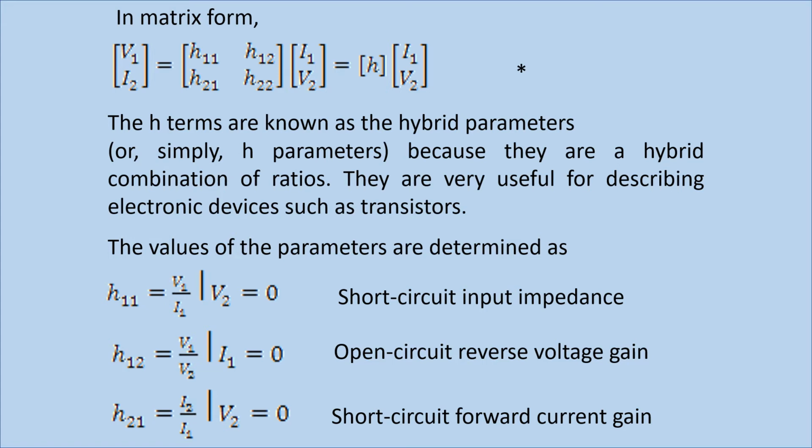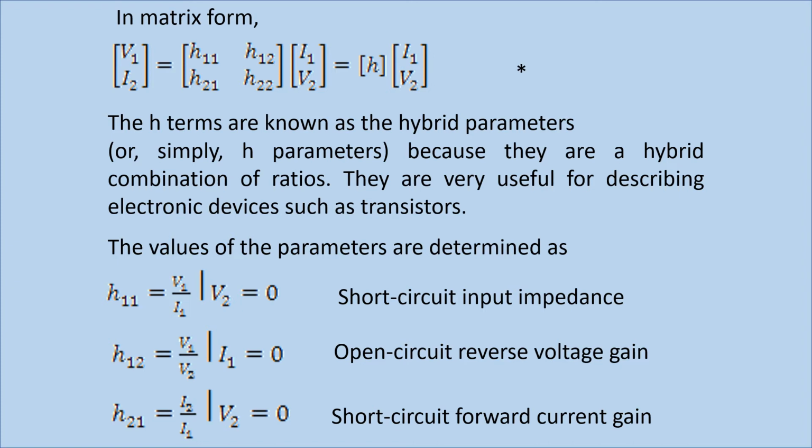That can simply be written as the matrix H multiplied by I1, V2. So the hybrid parameter is also called H parameters, and it is hybrid because, like we said earlier, it's a combination of different ratios.